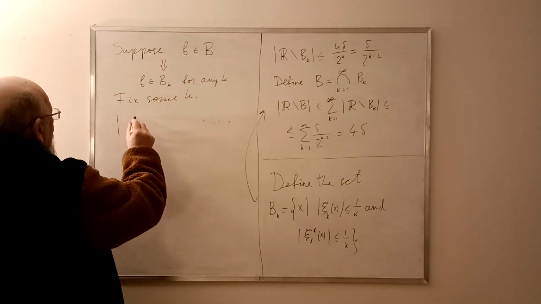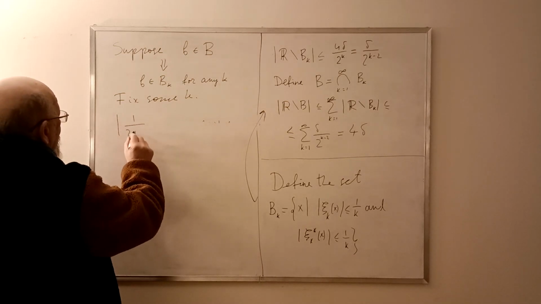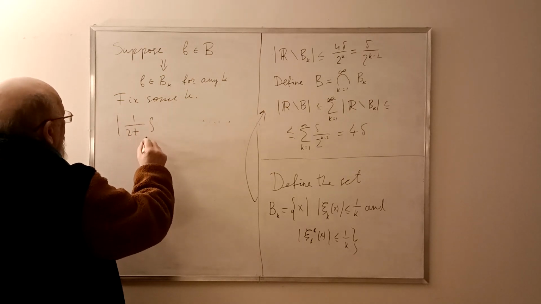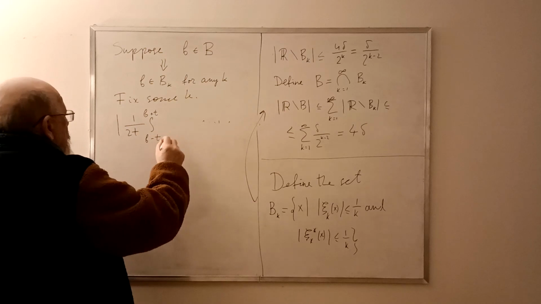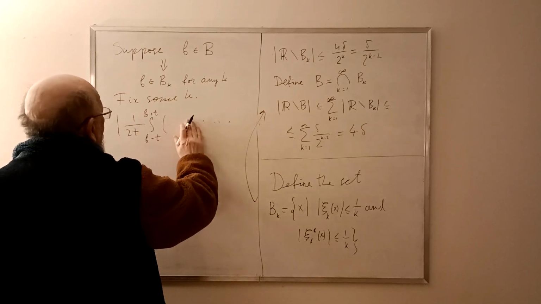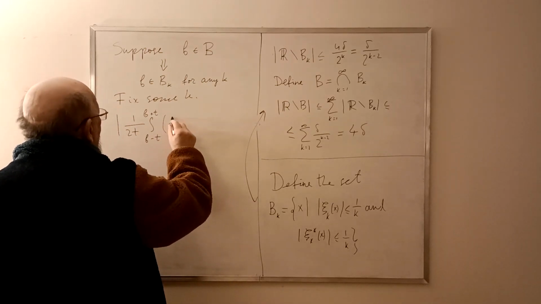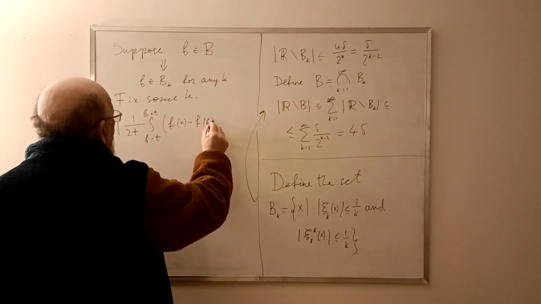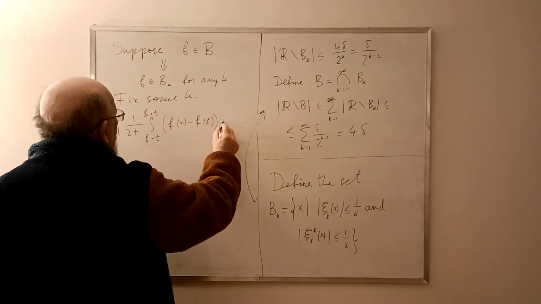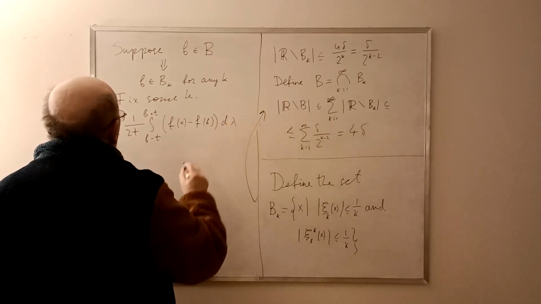Module 1 over 2t integral from b minus t to b plus t fx minus f of b d lambda.